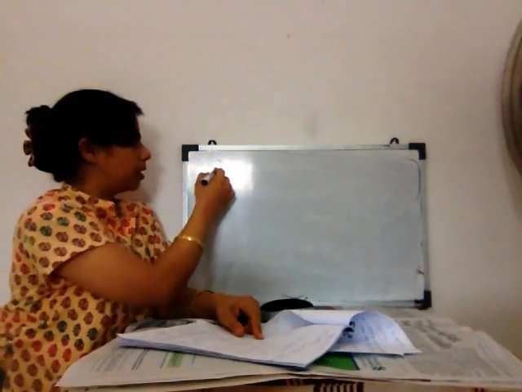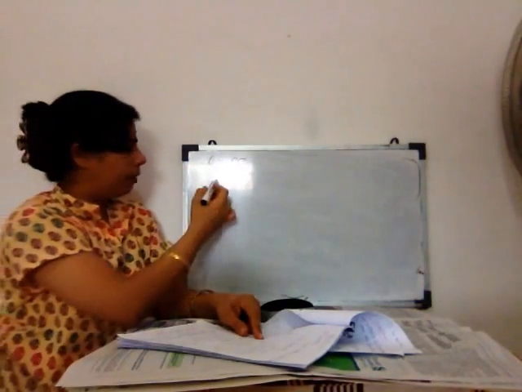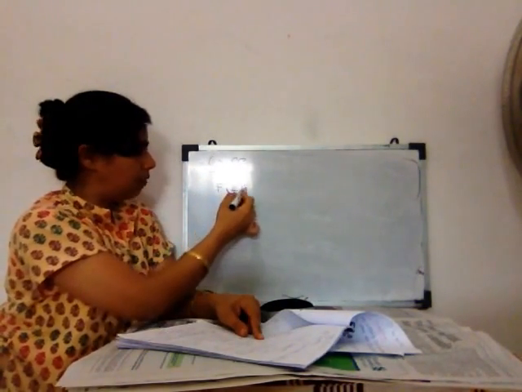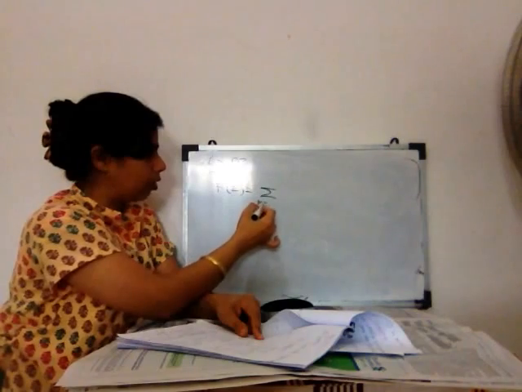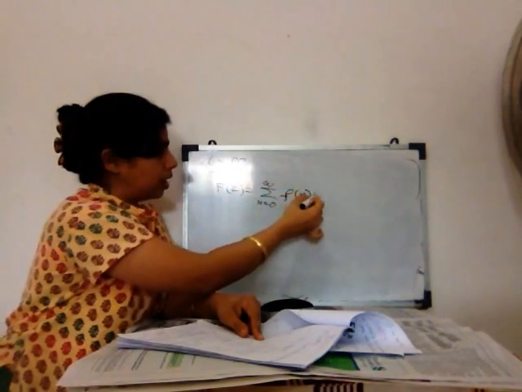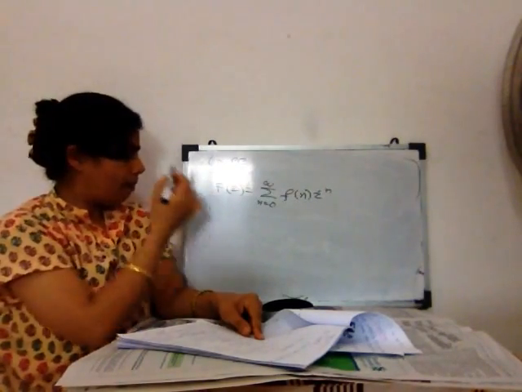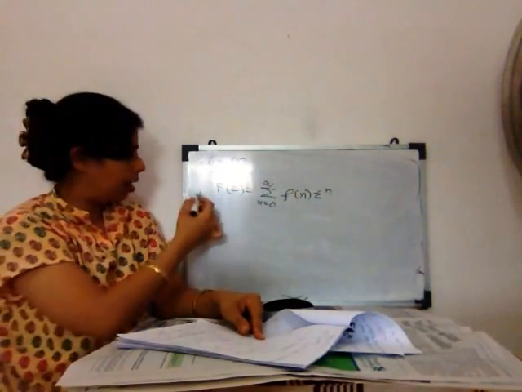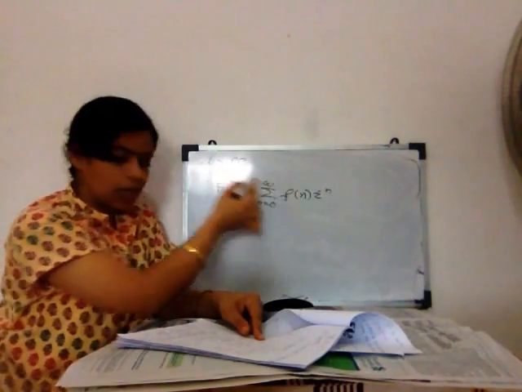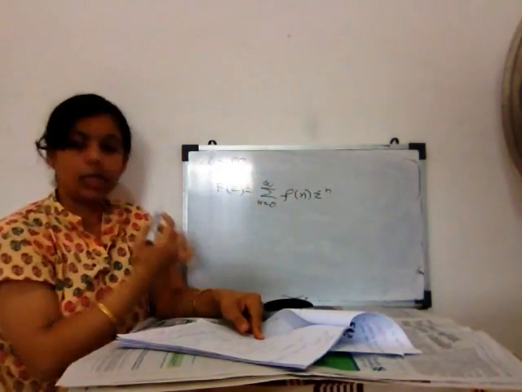So the next property is differentiation of the given function. If F(z), our Z transform, is the summation n going from 0 to infinity of f(n) z to the power minus n, the basic definition. If we say our function is given by n f(n), clear?